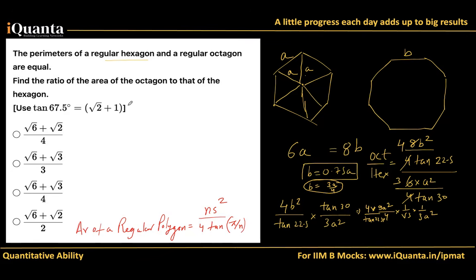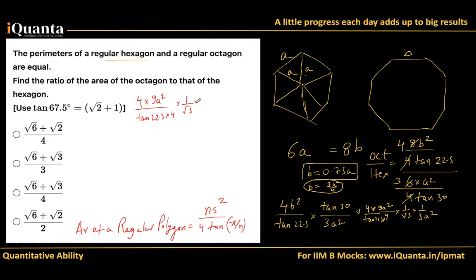Now we have, okay, 4 into 9a square upon tan 22.5 into this 4 that came below, and we have tan 30. Okay, tan 30 will be 1 by root 3.